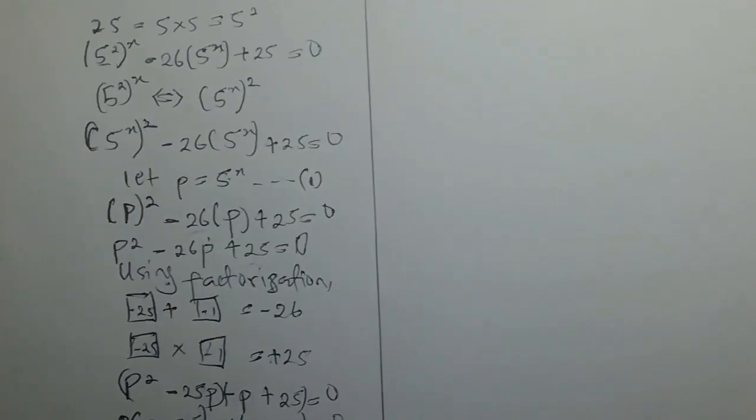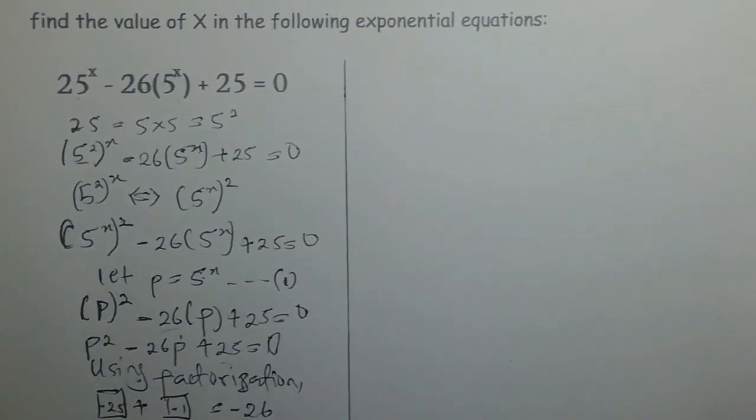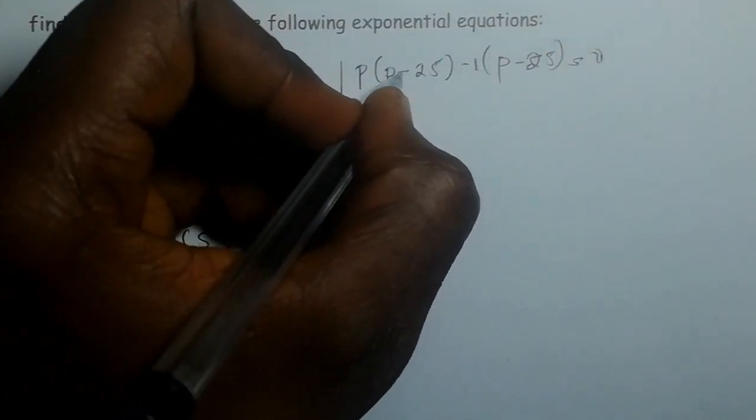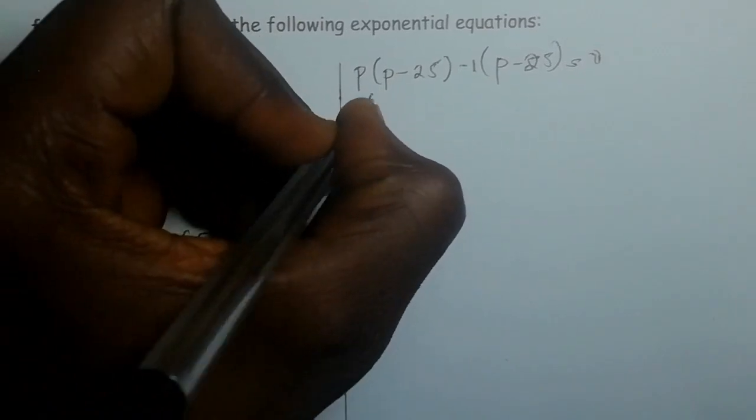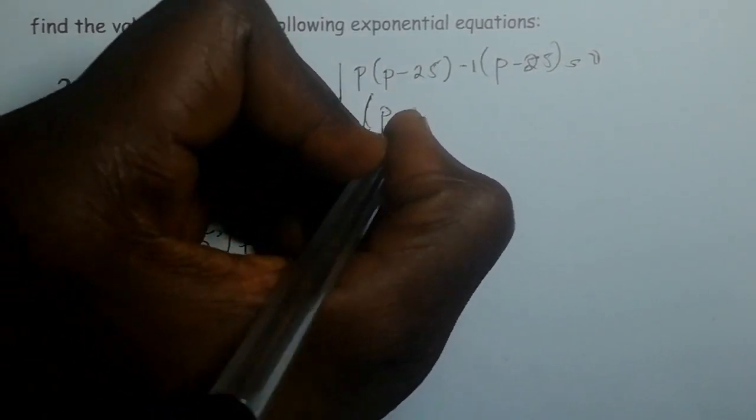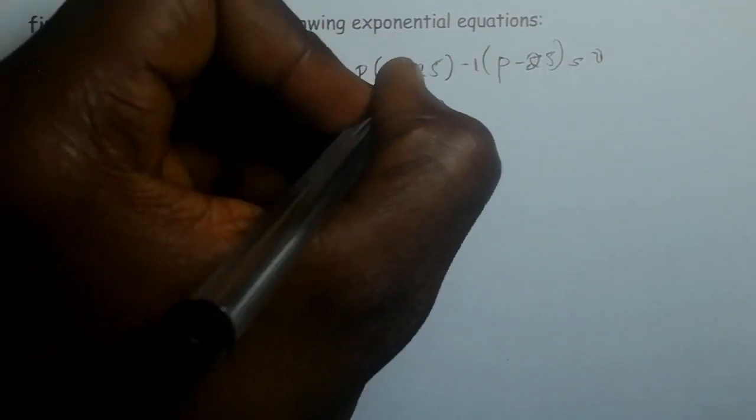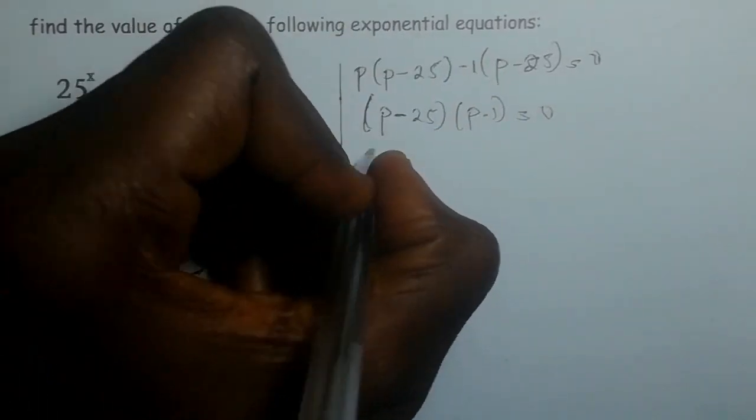So moving on, p(p − 25) − 1(p − 25) = 0. Here p − 25 is common, so we take it out, and the two terms outside the brackets are p − 1. So (p − 25)(p − 1) = 0.